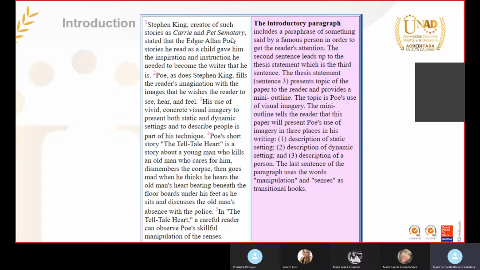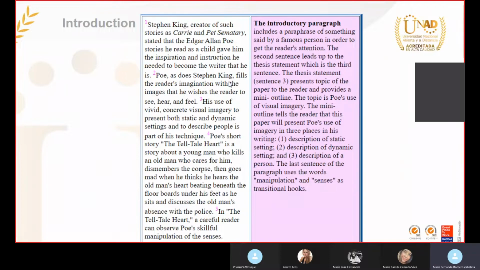So as he stated that Edgar Allan Poe stories he read as a child gave him the inspiration and instruction, he creates these relationships. He makes an allusion to the relationship between Stephen King and Edgar Allan Poe to continue introducing the reader to the topic of this essay.